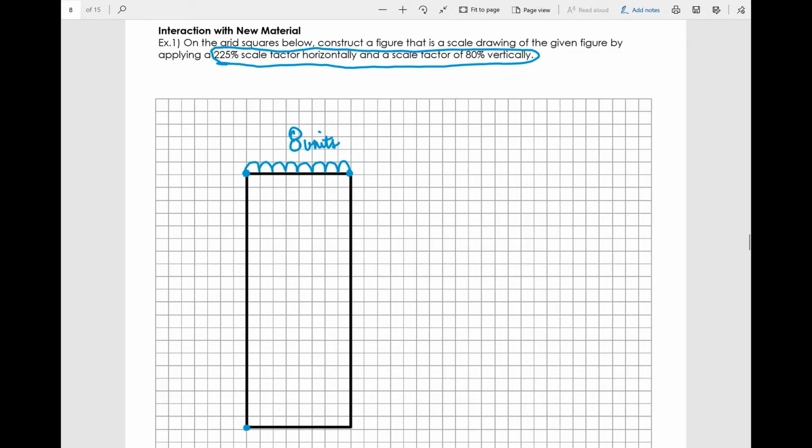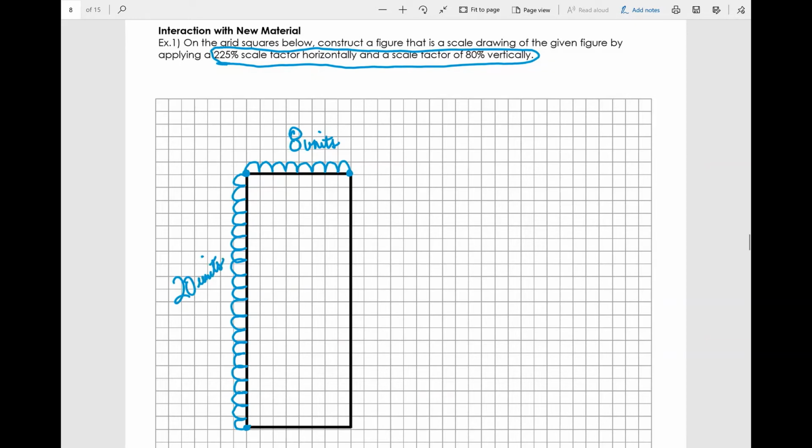Let's count the boxes: 1, 2, 3, 4, 5, 6, 7, 8, 9, 10, 11, 12, 13, 14, 15, 16, 17, 18, 19, and 20. 20 units.